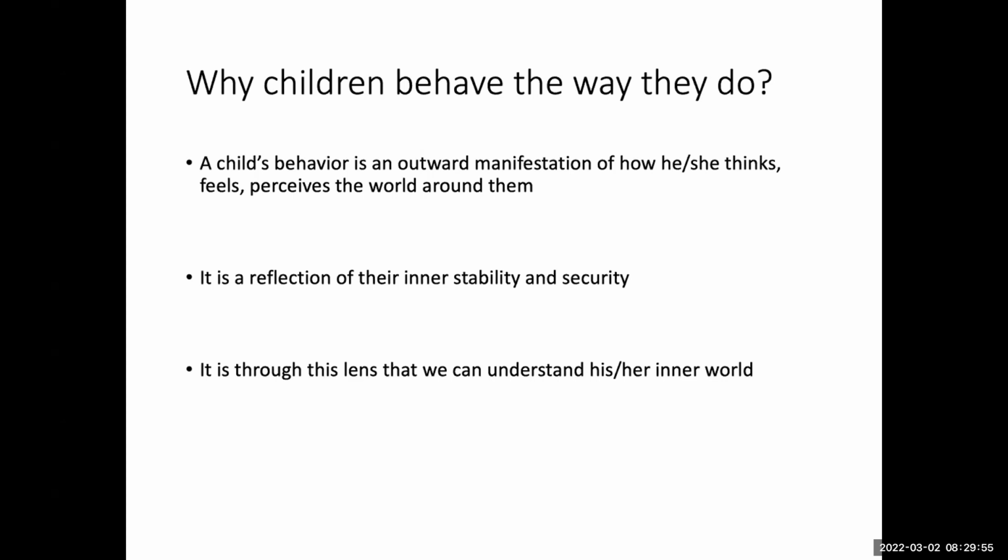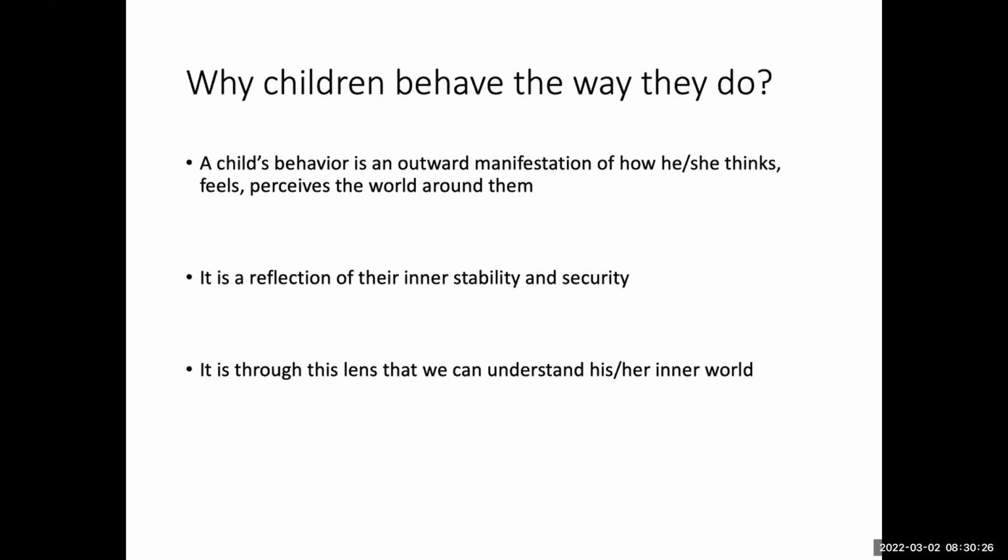Human behavior is actually a product of, or a consequence of, emotion, meaning how they feel, and subsequently the feeling is actually a consequence of how they think or what they think. So the pathway is thinking, emotions, and behavior. In a way, a child thinks, feels, and behaves in a direct manner, rather than adults, who tend to be more complex.